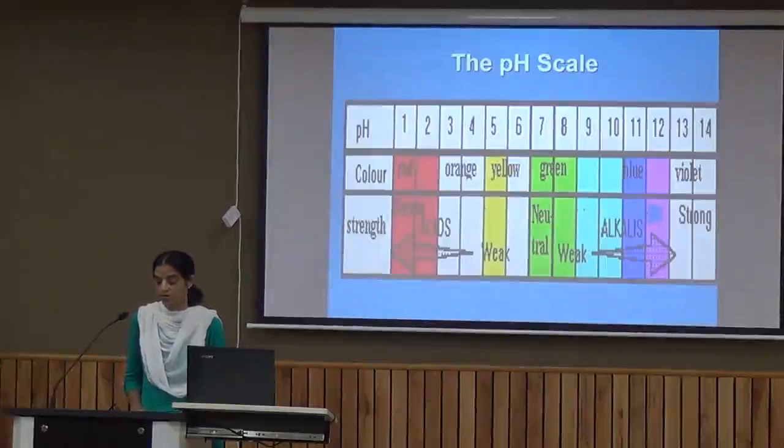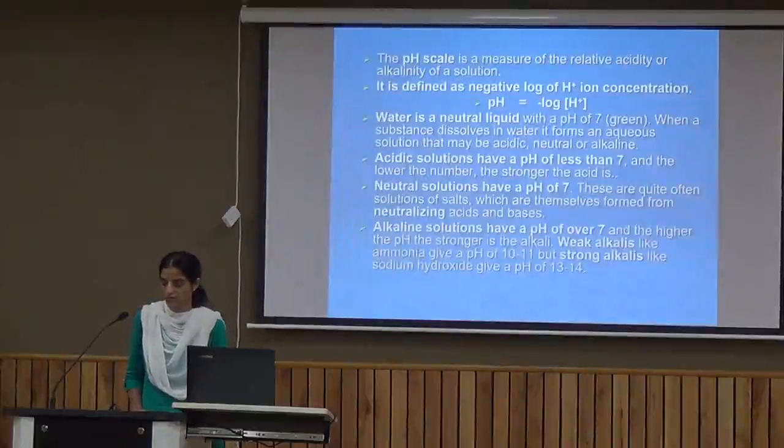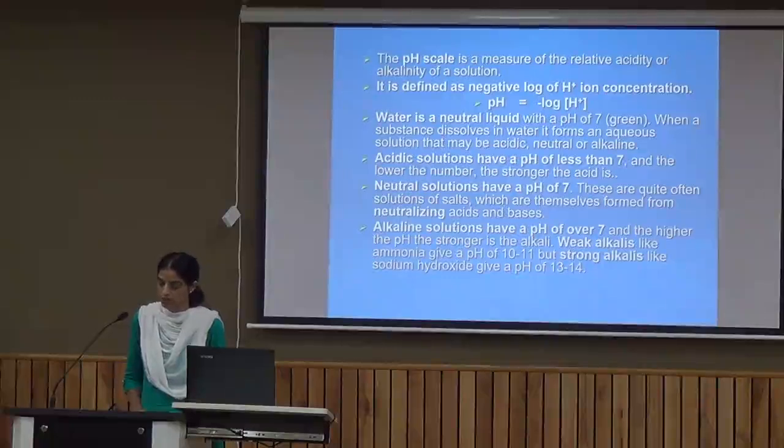Then next we have the pH scale, which is a scale designed by Sorensen to find out the nature of different solutions. The pH scale is a measure of the relative acidity or alkalinity of a solution. In mathematical terms, it is the negative log of hydrogen ion concentration.